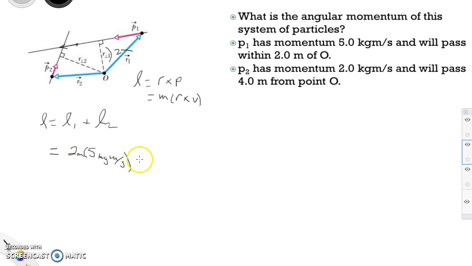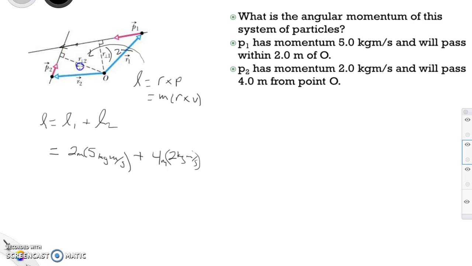And this is a counterclockwise angular momentum, right? If it were to get caught by a string, it would start to spin this way. And for L2, it has a momentum of 2 kilogram meters per second, and for this one, it's going to pass within 4 meters.